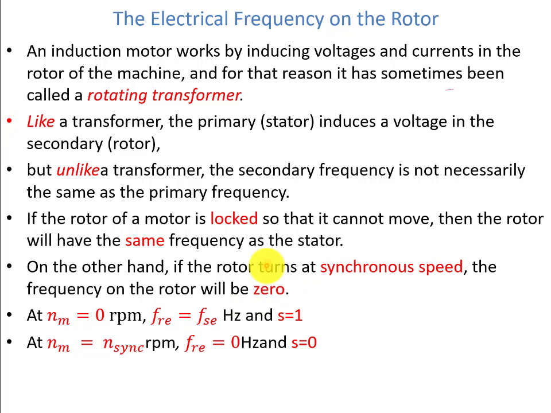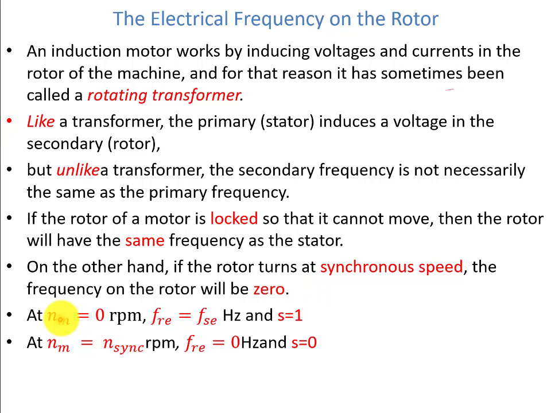Obviously we know this physics phenomenon. The zero frequency happens because the rotor feels that it is not moving, and no magnetic field lines are cut, so no voltage can be induced in the rotor.